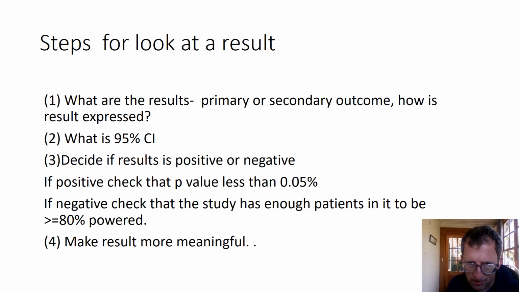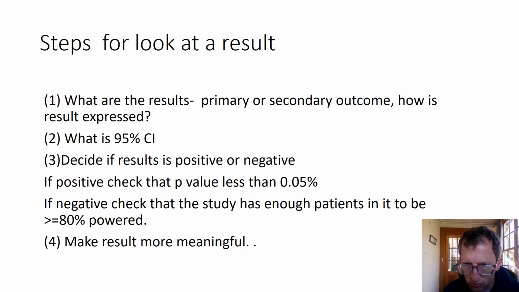If it is a positive result, then we go to the p-value to see how much role chance would have played in that result. Whereas if it's a negative study, i.e. there was no difference between the treatments or the exposure and the non-exposure, then I look at the sample size calculation and make sure that there were enough patients in this study to be more than 80% powered to detect a difference between the treatment and the non-treatment, or the exposure and the non-exposure.